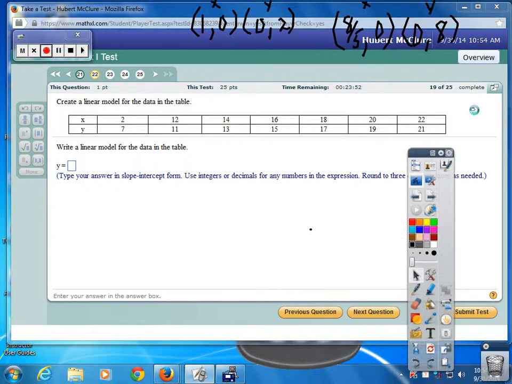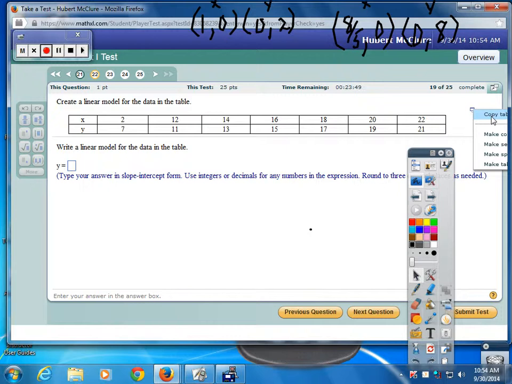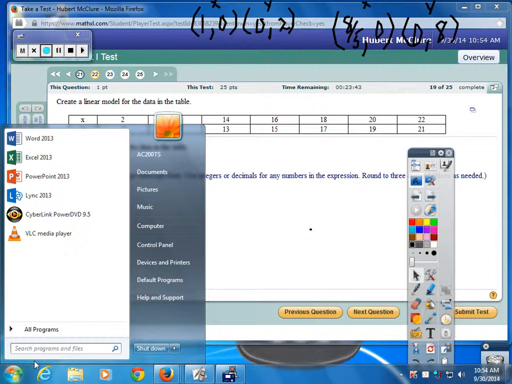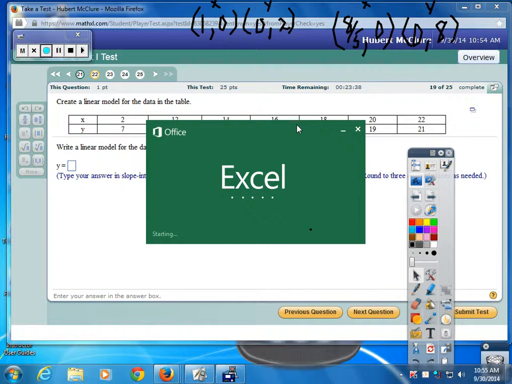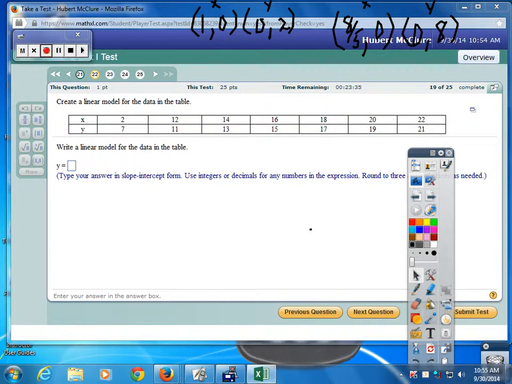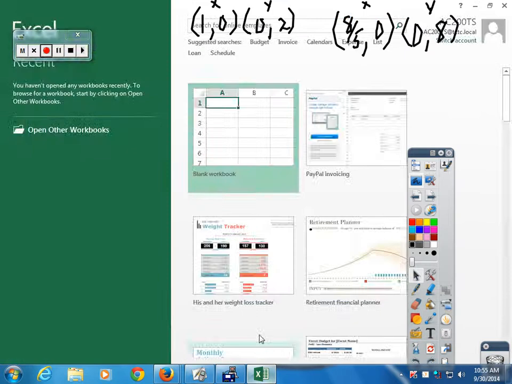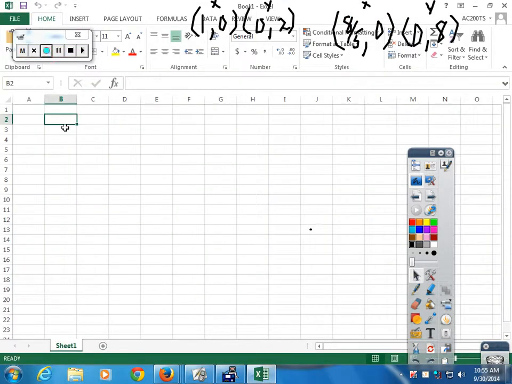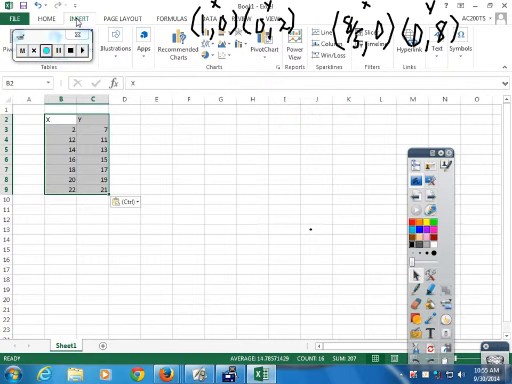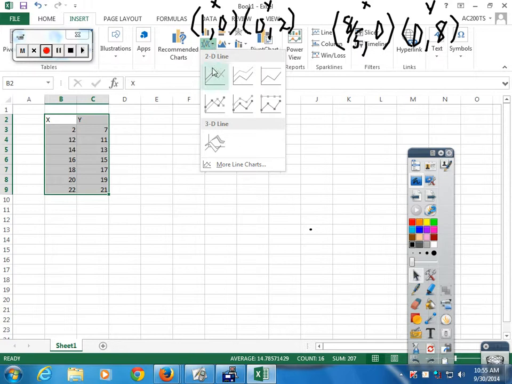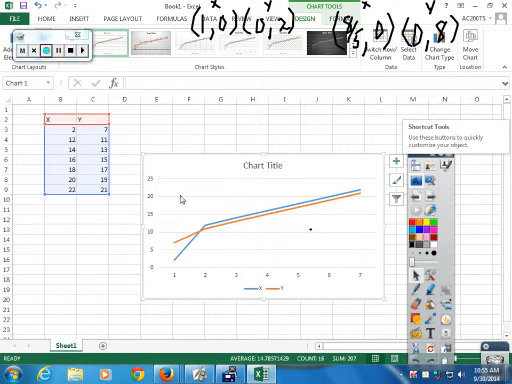Or you could just click on this, copy the table over to Excel, and you can do it in there real quick. Go to insert, graphs, charts, whatever, and do a line graph, or play with it.